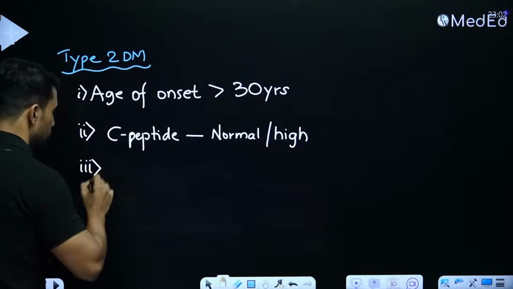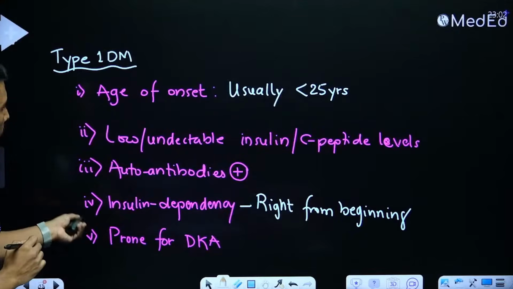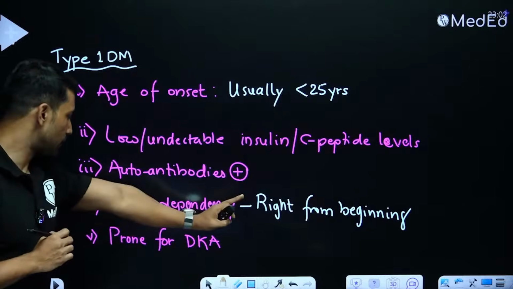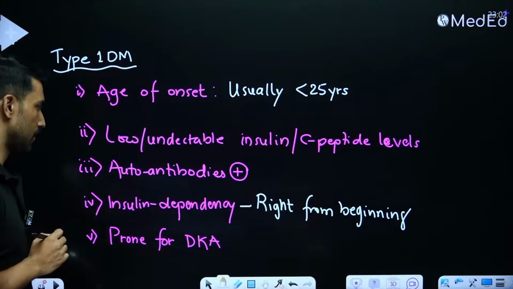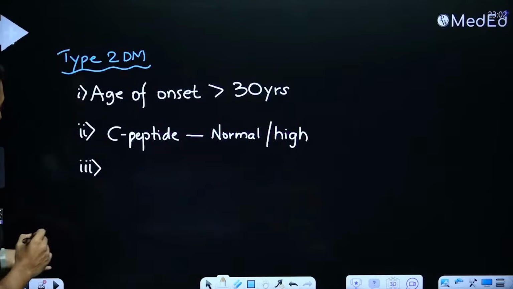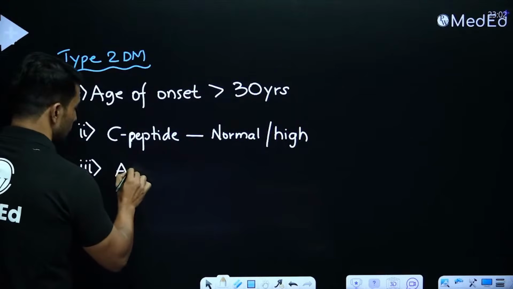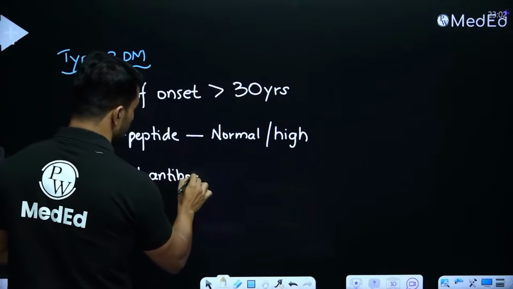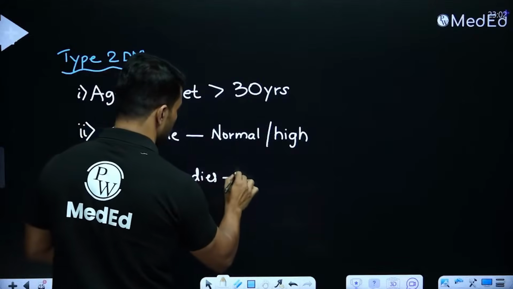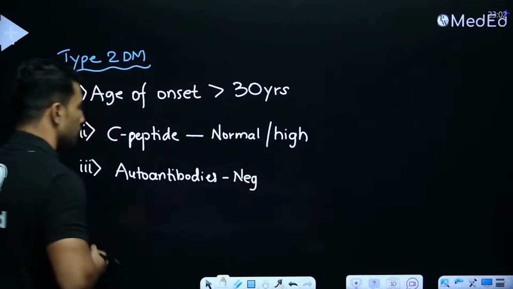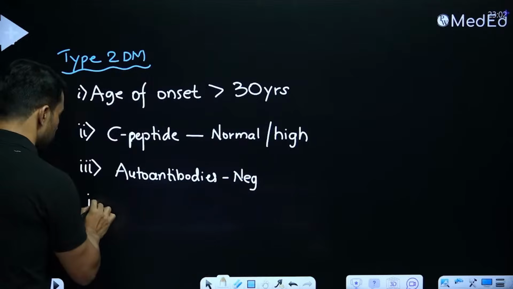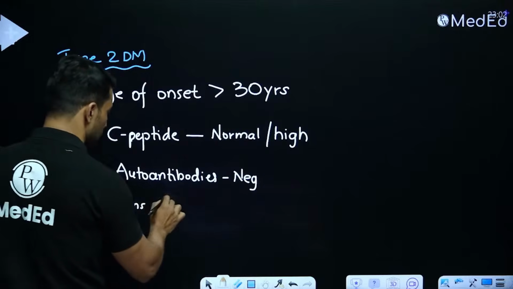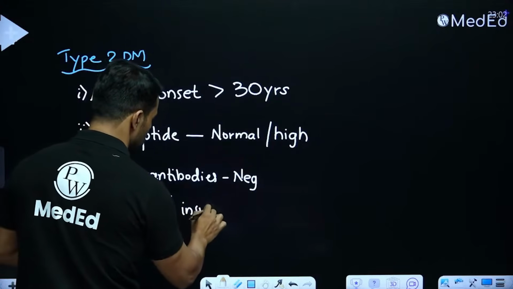Third, in type 1, when we were talking about it, we said autoantibodies are present, insulin dependency is right from the beginning, and these are prone to decay. But when it comes to type 2, the autoantibodies will be negative, because here it is not antibody-mediated destruction of the pancreatic beta cells. They will be negative, but there may be signs of insulin resistance.